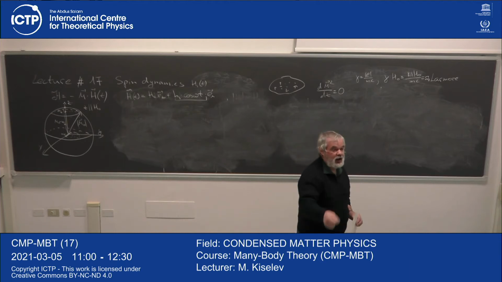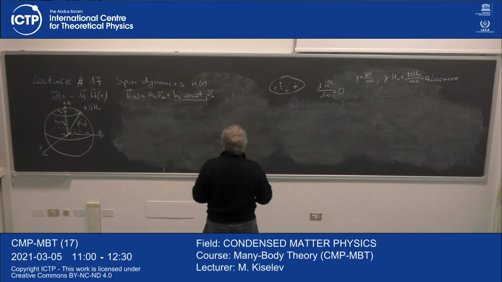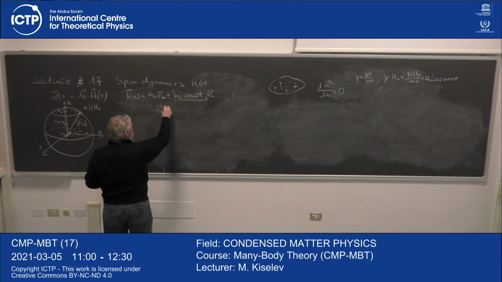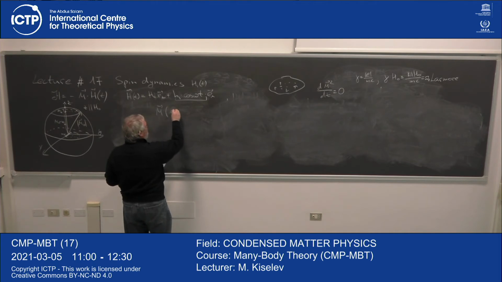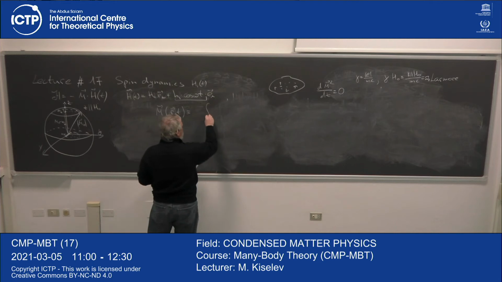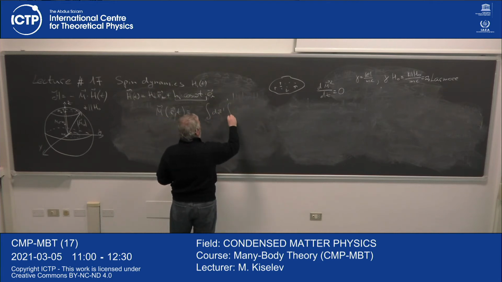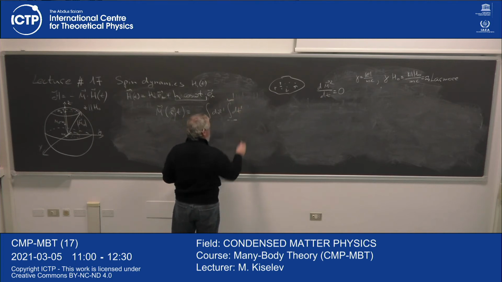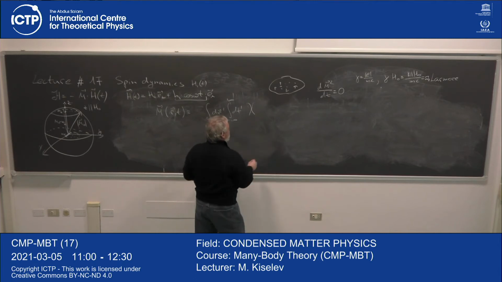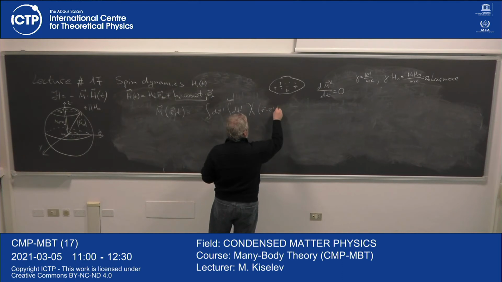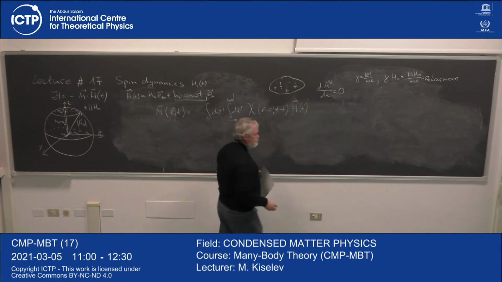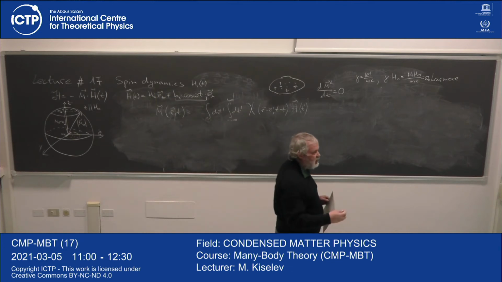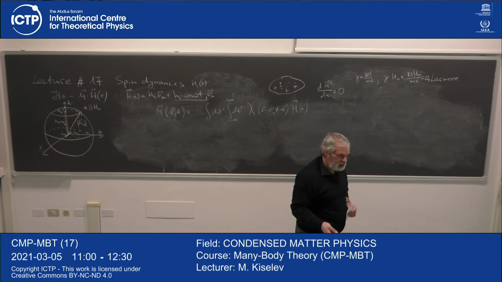If you apply to the system some time-dependent magnetic field, you have a response, namely the magnetization at time t and at coordinate point r is equal to the integral over dr prime, integral from minus infinity to infinity dt prime, of some kernel chi(r minus r prime, t minus t prime) times the external magnetic field h at t prime.